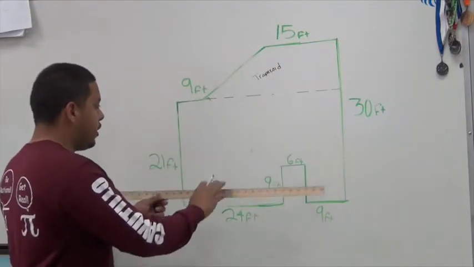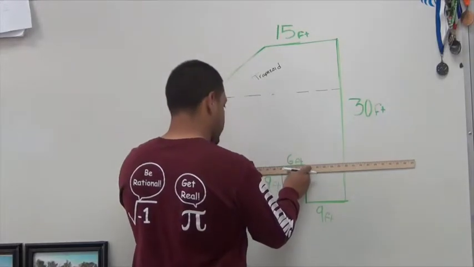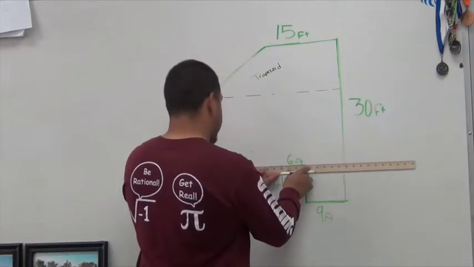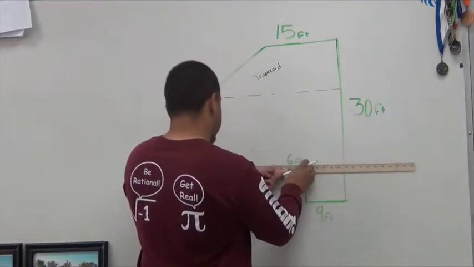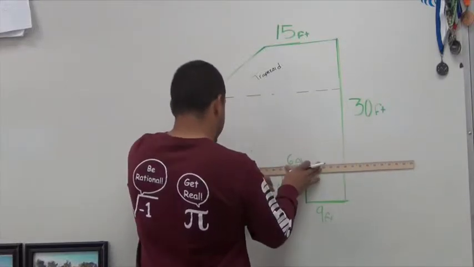And again, I'm going to do the same thing down here. I'm going to cut this into the least amount of shapes so that I don't have to deal with a whole bunch of little areas at the end.